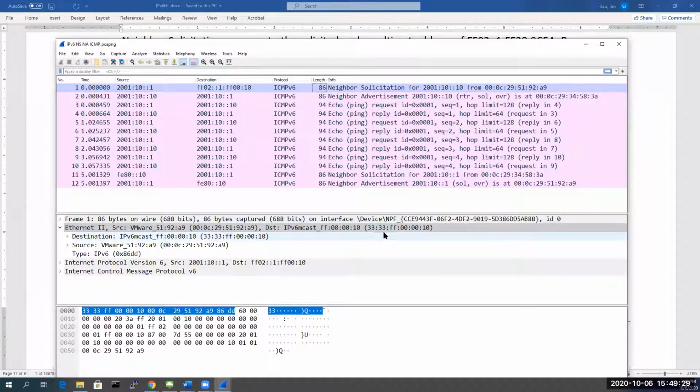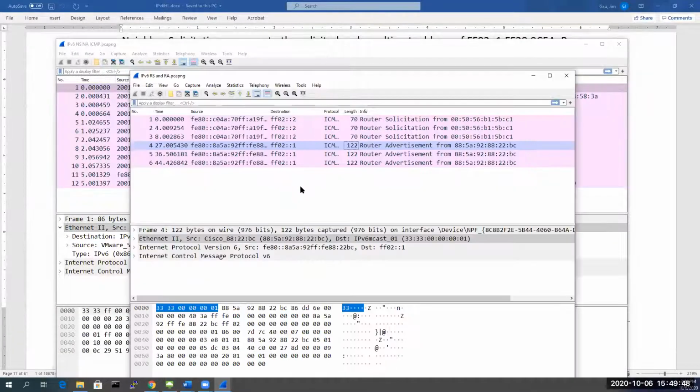One of them is 3333, then with the FF, and the total is the 32 bits of this multicast address, but this one starts with 3333FF, noticeably. And the other Wireshark capture is the router advertisement, and you can see that in here.